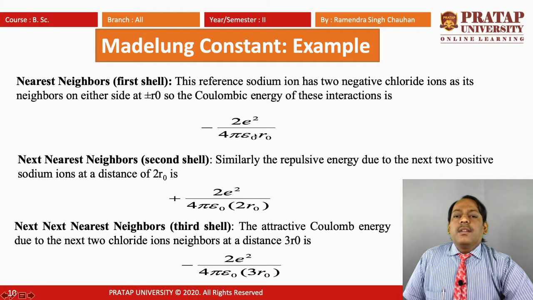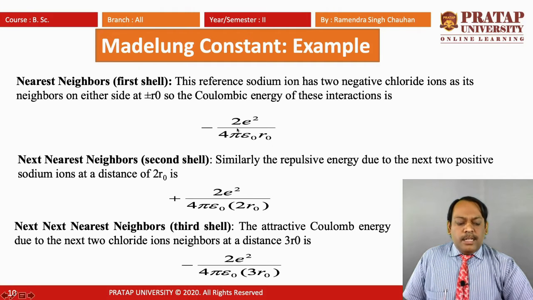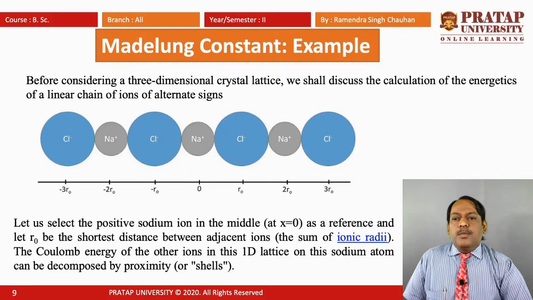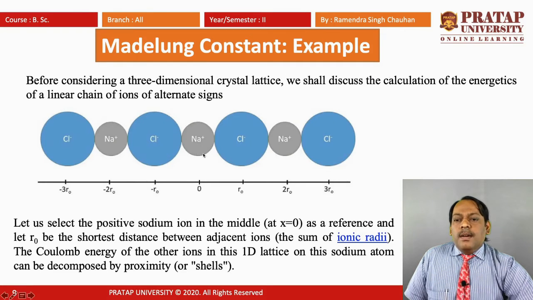Why is this there? Because when we are considering this Na plus, we will go to the previous diagram also. The electrostatic potential of this Na plus with this chlorine atom as well as this chlorine atom will be in consideration. The distance between them, that is the magnitude, is R naught.